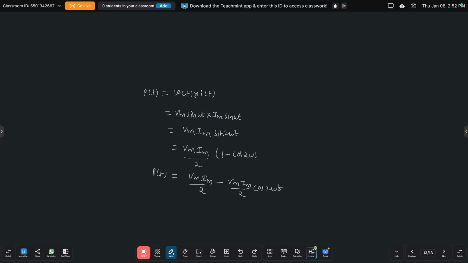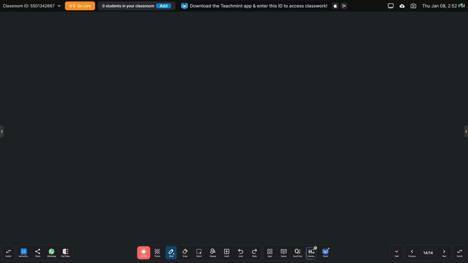Now if you want the average power, it is 1 by T integral 0 to T p of t dt. You have to integrate the instantaneous power over T, then you will get the average power. So the average power P average is equal to integral 0 to 2 pi Vm Im by 2 into 1 minus cos 2 omega t, divided by 2 pi.